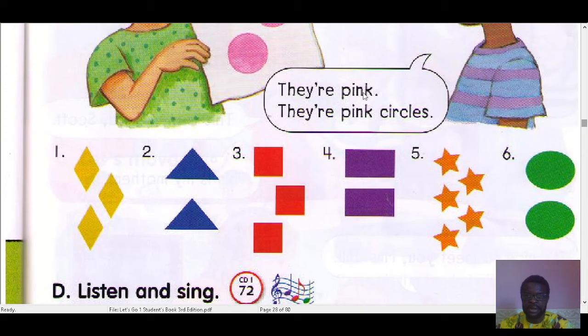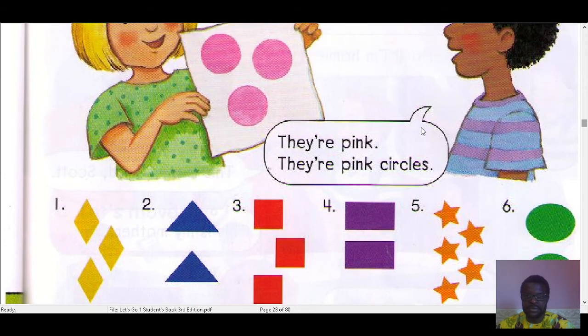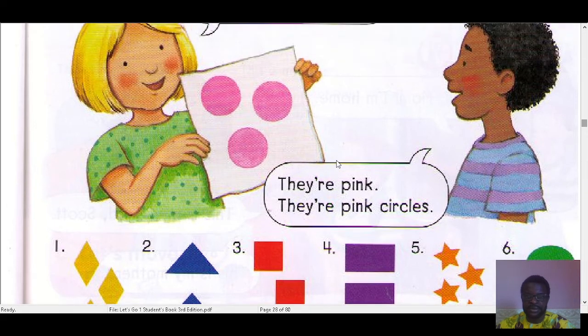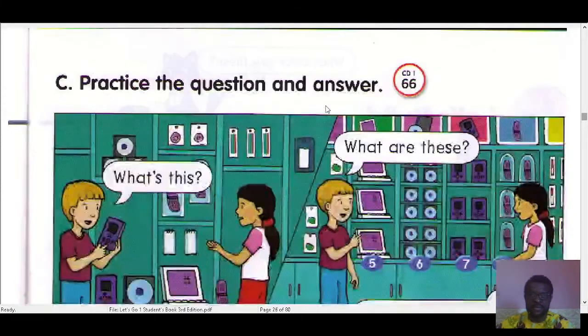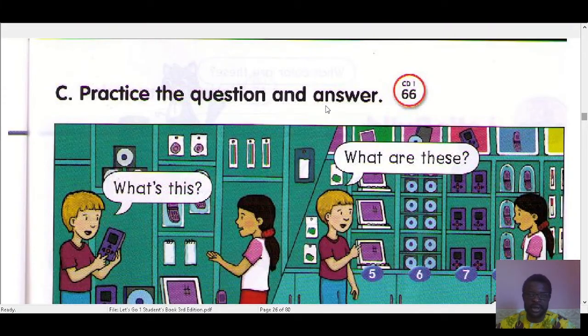See, they are pink. They are pink circles. See again there, our subject, are, then pink. What color are these? Because we've got so many colors, that's why we're using what are. Okay? So here we are, practice the question and answer. What are these?